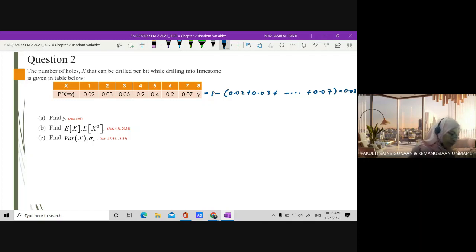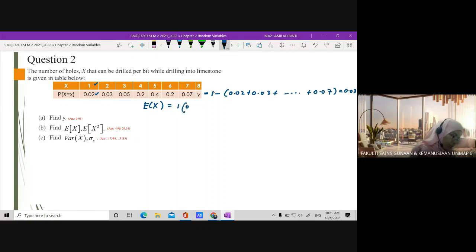Okay, now you know that this one is 0.03. Find expected value of x and expected value of x squared. Can you try now, class? It's a bit tedious, because you need to use the calculation formula. So the expected value of x would be summing all the multiplication of the x value with the probability or the f(x).